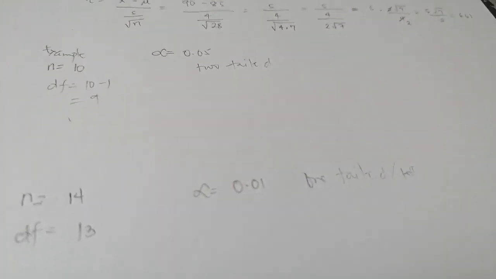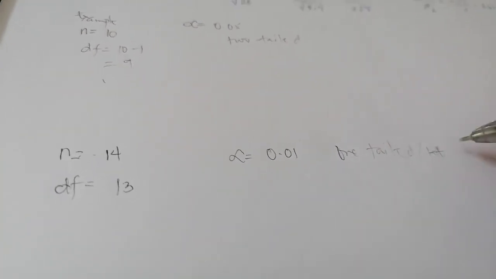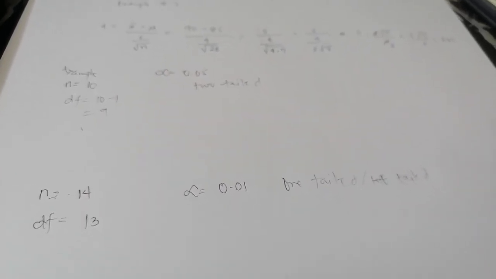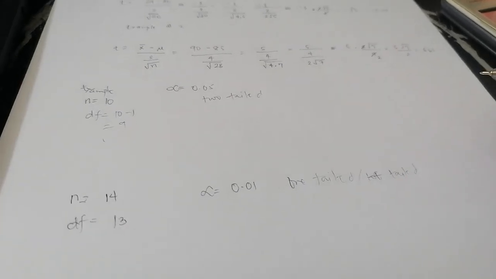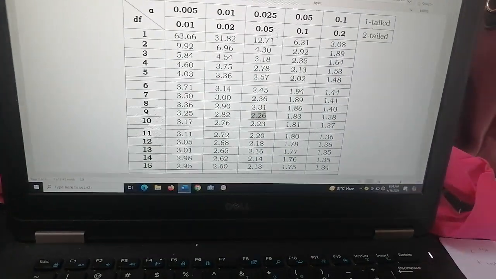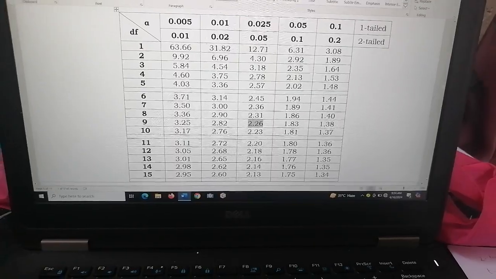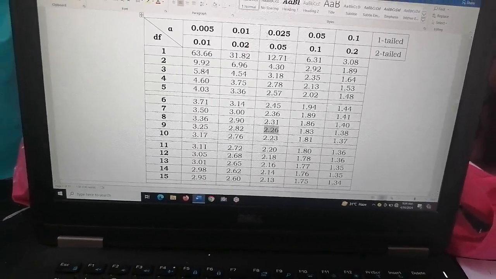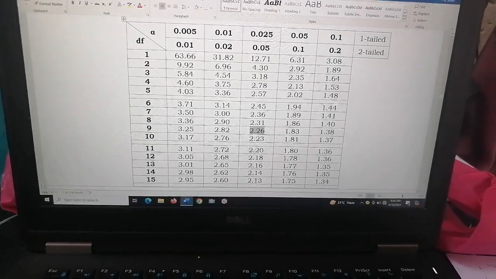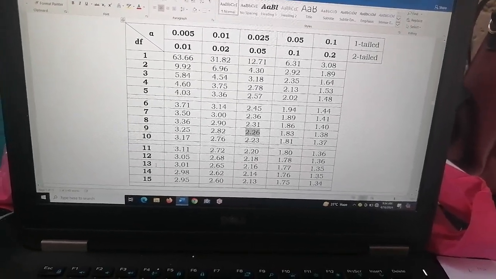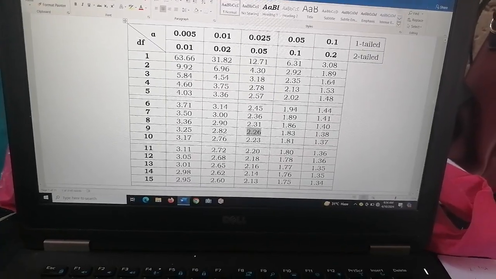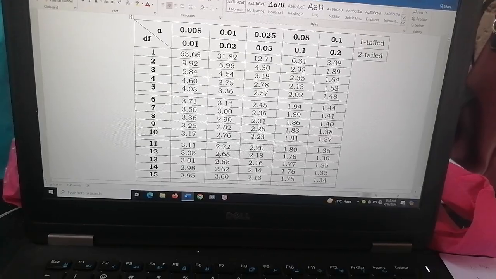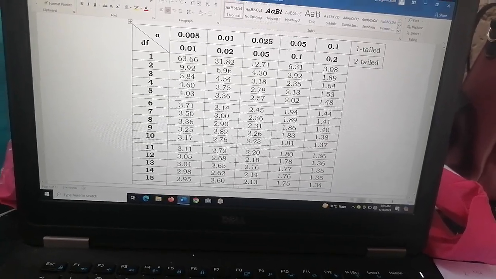Let's say left-tailed. So alpha is equal to 0.01 and our degrees of freedom is 13. Since it is one-tailed, we look at 0.01 and 13. So, this one: 2.65.